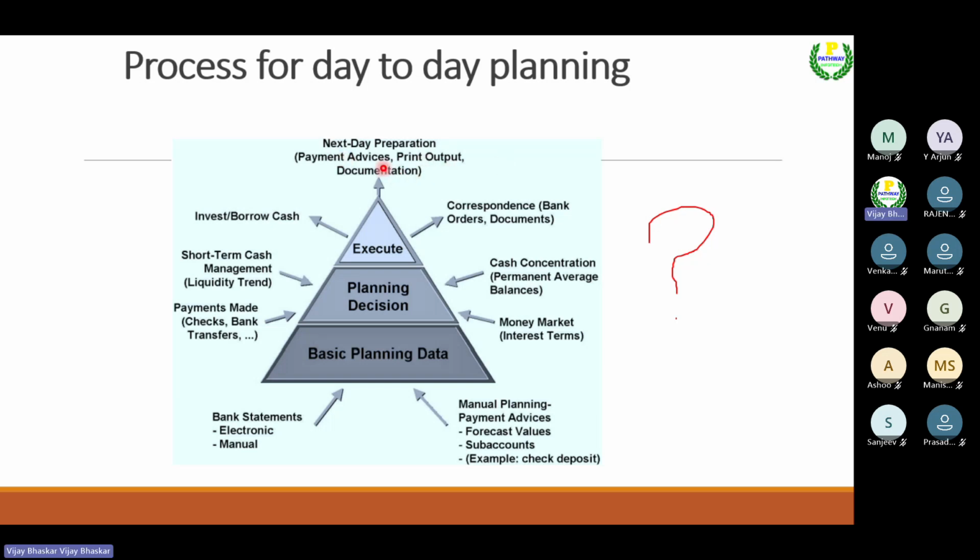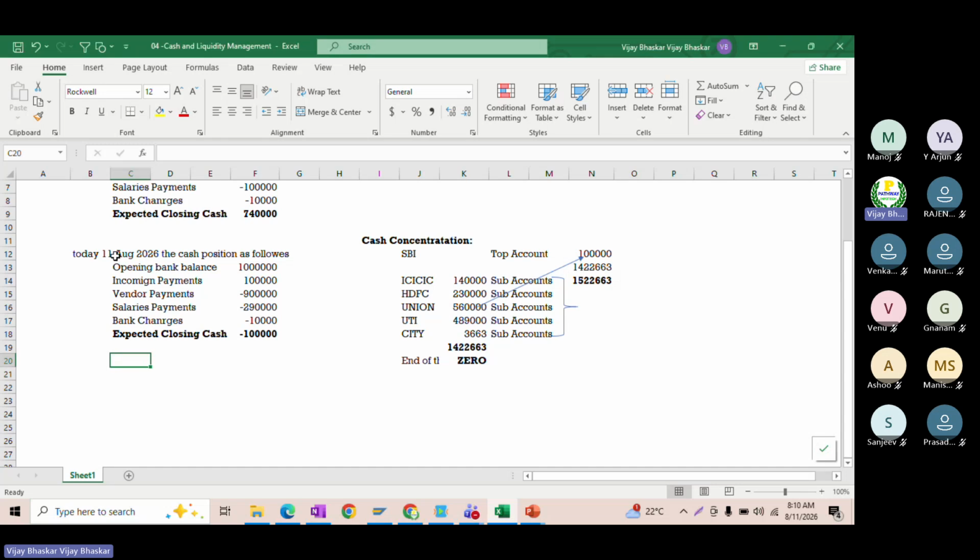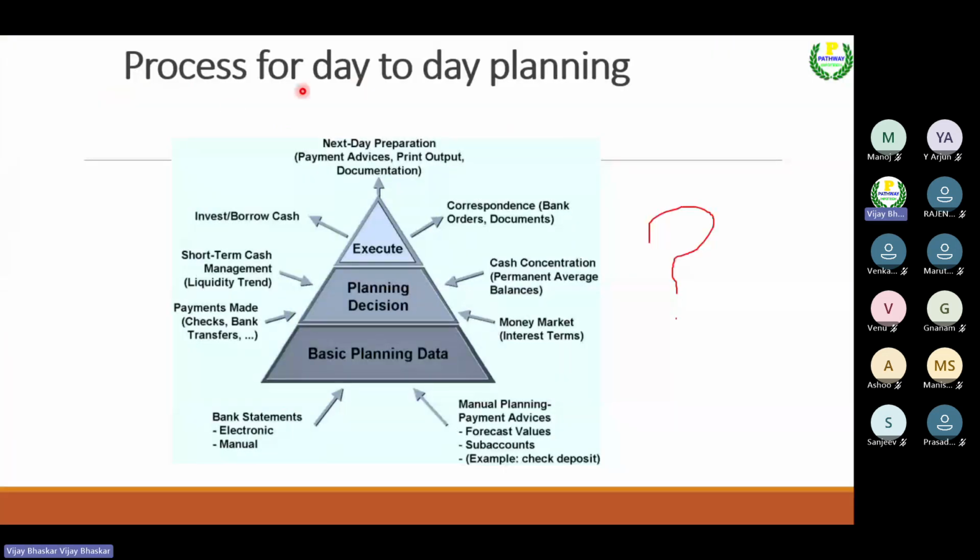If we are going to execute the payments, you must take this into consideration for next day preparation. Tomorrow, what would be the situation? As in the example I gave, in this scenario the Treasury Department needs to arrange the funds for the future. Any questions on this?